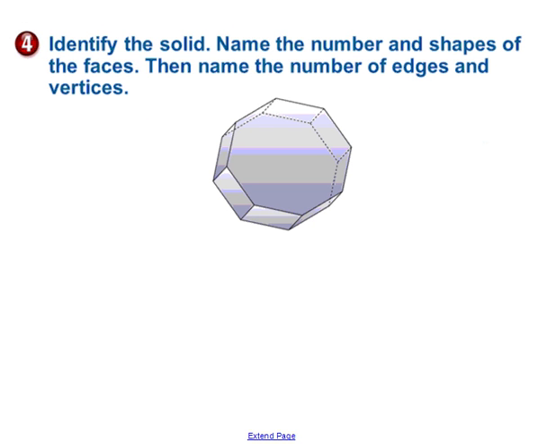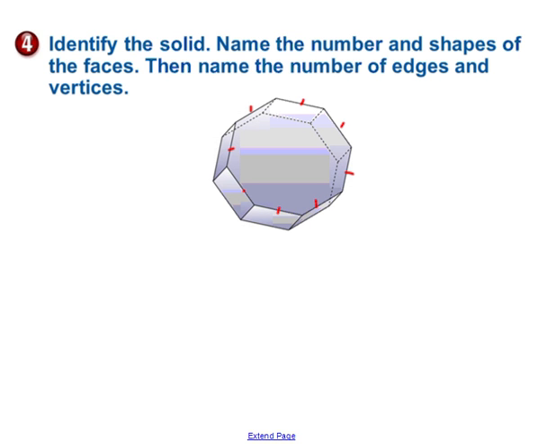Identify the solid, name the shapes of the faces, and then name the number of edges and vertices. Well, if I look at this, I think I can see that there is 1, 2, 3, 4, 5, 6, 7, and 8. So that's an octagon. It's got a base that's an octagon, and it's got a top that's an octagon.